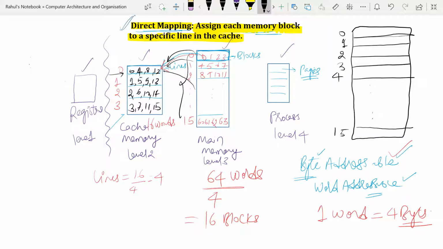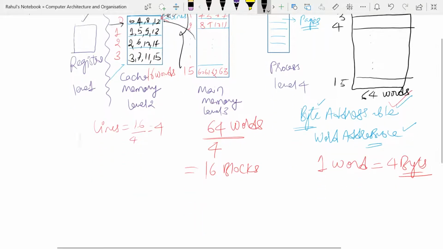So in that manner, our main memory, which consists of 64 words, will be there. So in direct mapping, they will be represented like that, that each block we have to map like that, right? Now the main task here is how this mapping technique works.